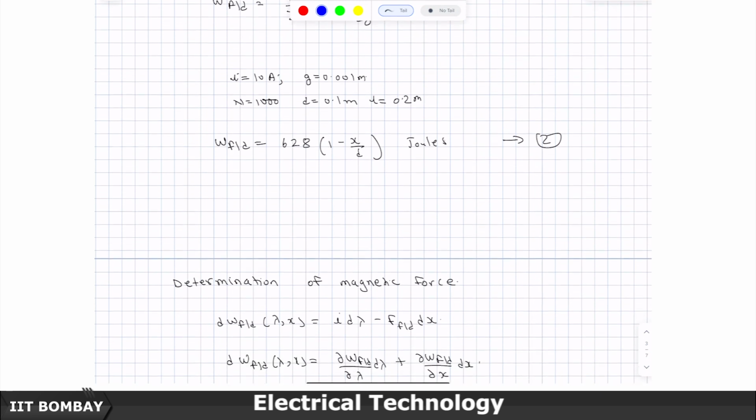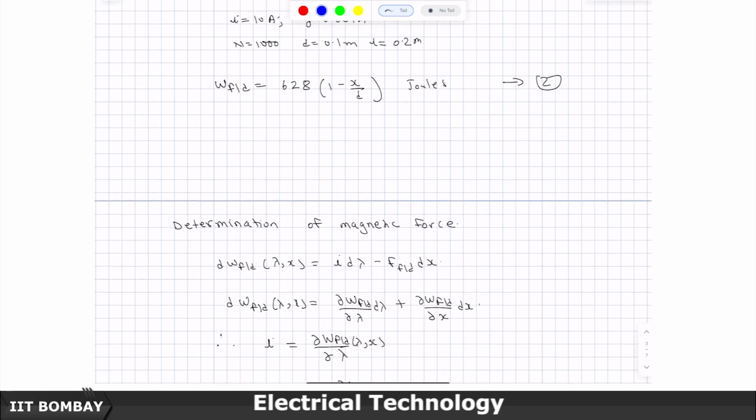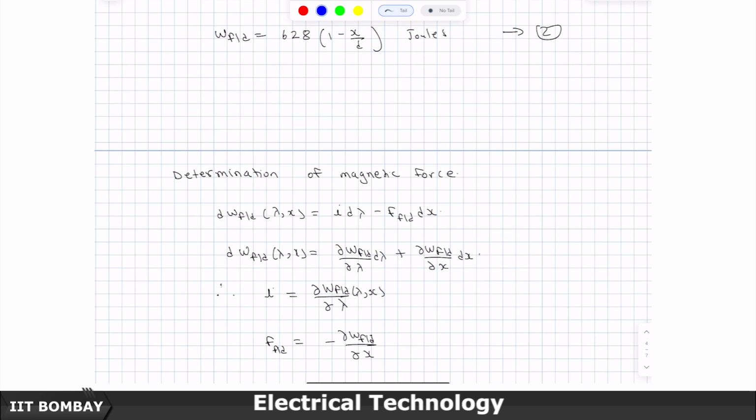So, now let us say that we want to calculate what is the magnetic force which is going to be created.